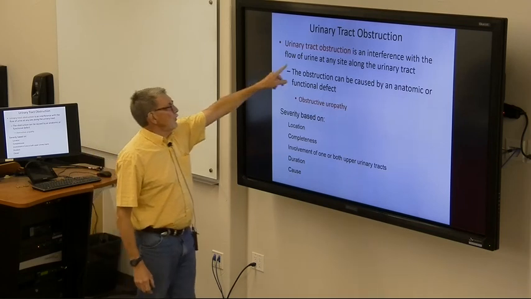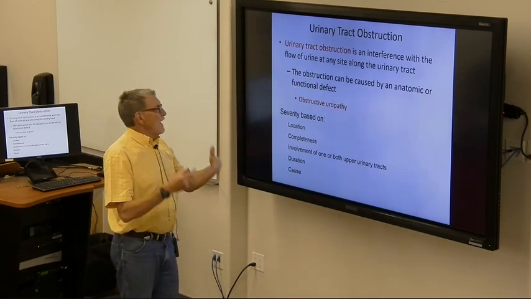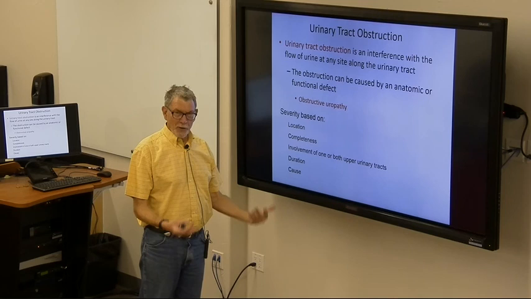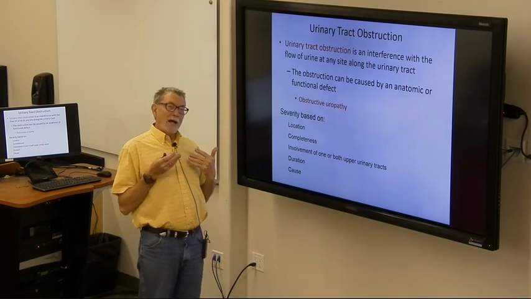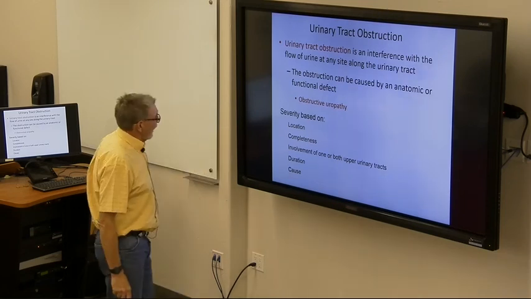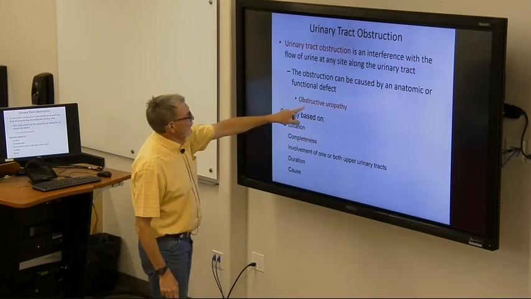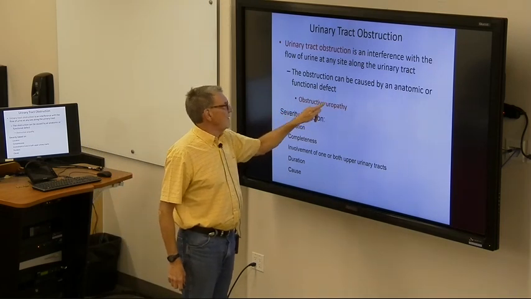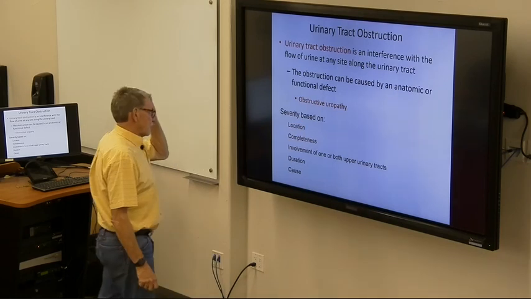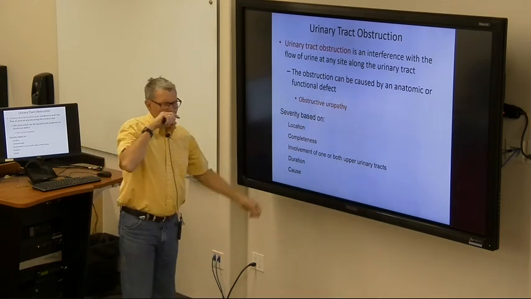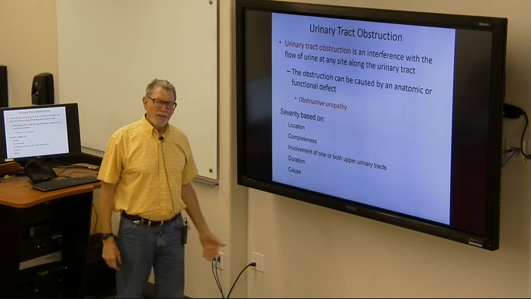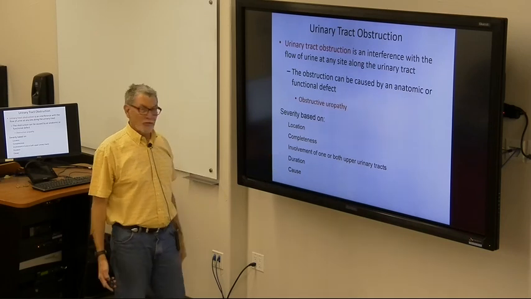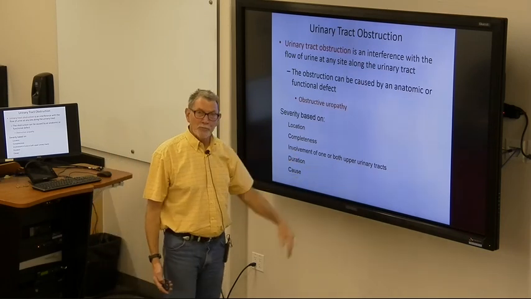So you can have a urinary tract obstruction. It keeps the urine from moving. Pressure backs up and causes all kinds of problems. Obstructive uropathy means you've got a blockage causing disease in the urinary tract. And it can be everything from severe to mild, depending on how bad it is and whether it's only one side or both sides.